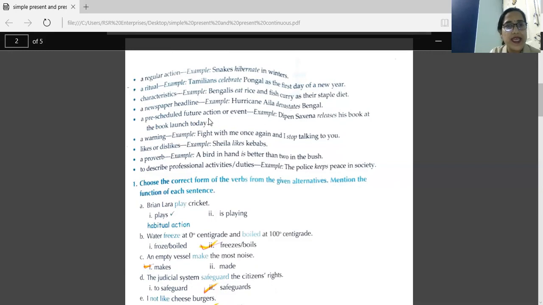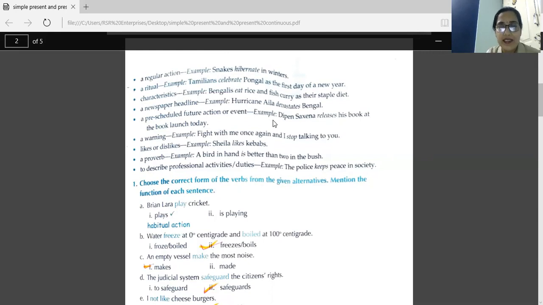Now see this next one. A pre-scheduled future action or event. So a planned event for the future time. There we can use simple present tense. See this example. Dipen Saxena releases his book at the book launch today.